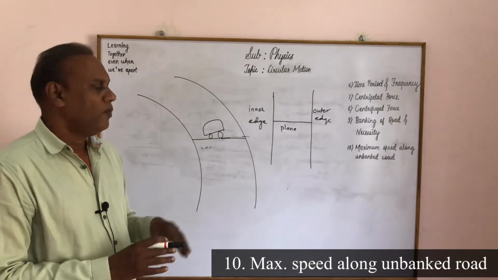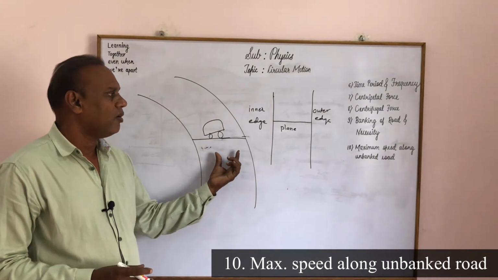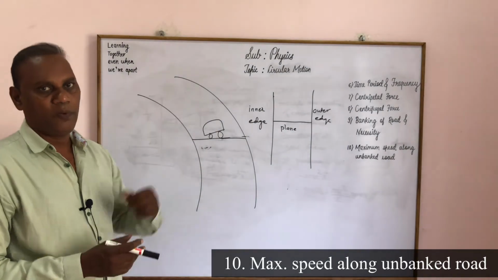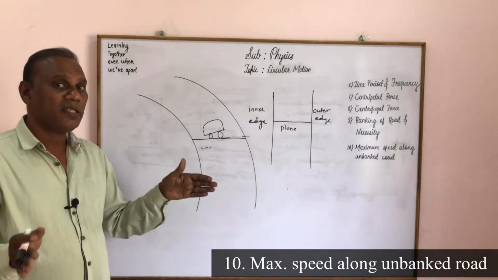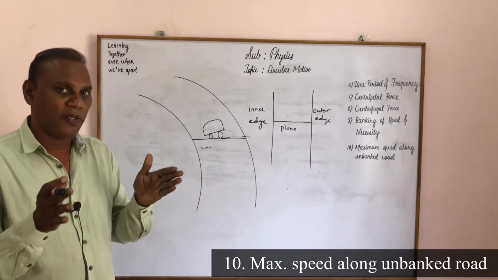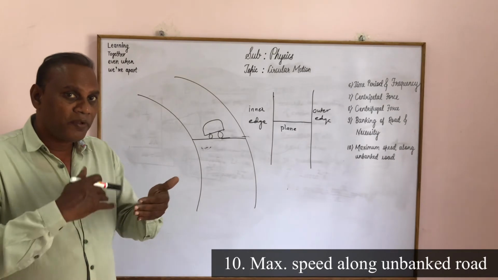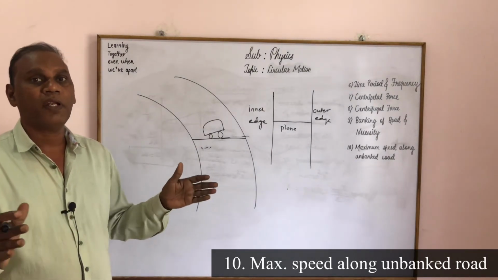Again I repeat, when a vehicle is moving along an unbanked road, then for a circular motion, the necessary force is a centripetal force, and this centripetal force is provided by frictional force. This frictional force has some upper limit.